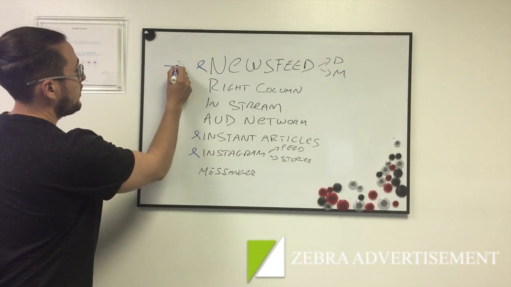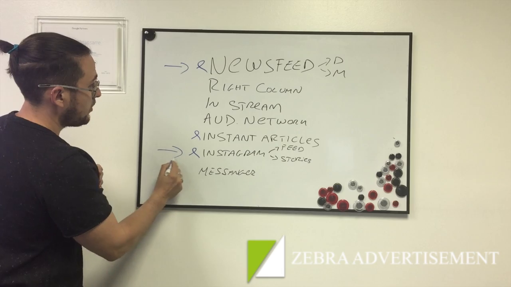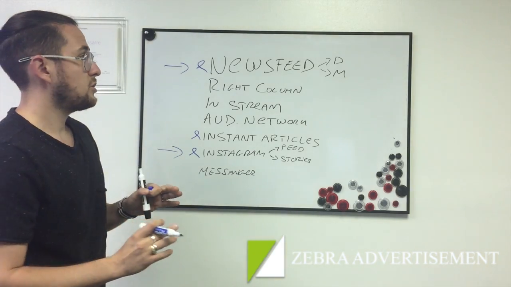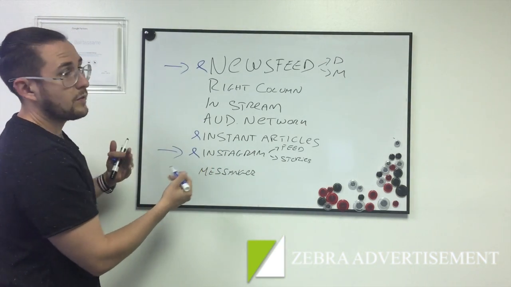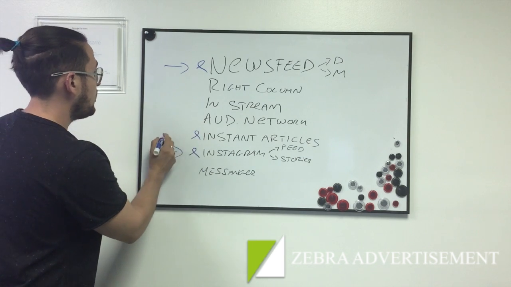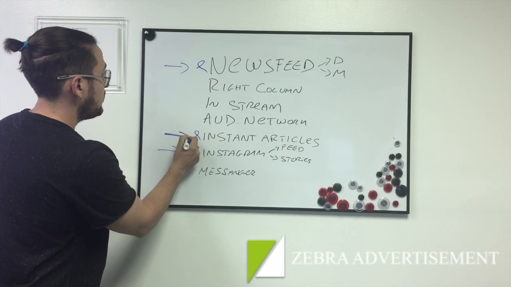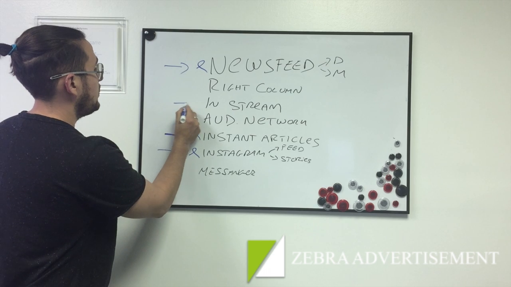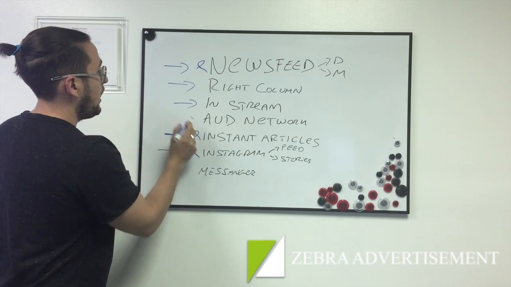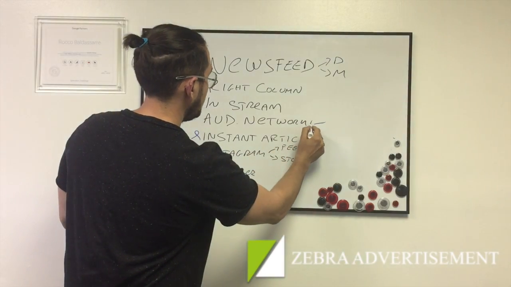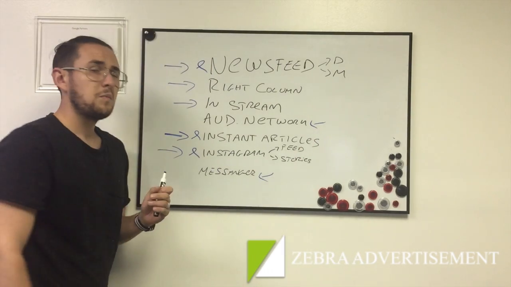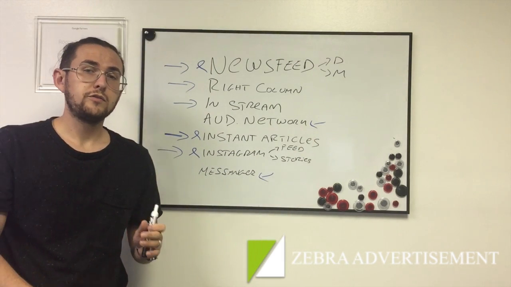I usually recommend newsfeed and Instagram if you have a limited budget. And usually I say when you have additional budget to test, you should go ahead and test instant articles and eventually in-stream and right column. I leave the audience network and Messenger for last because they usually don't get very good quality traffic.